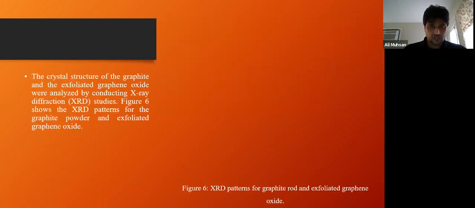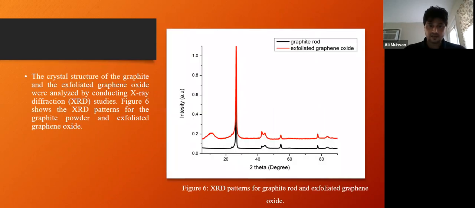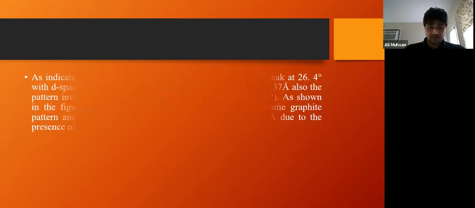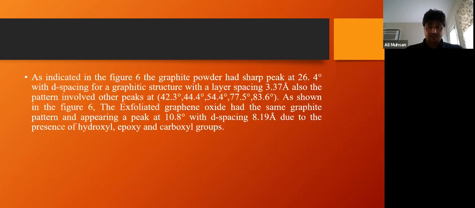The crystal structure of the graphite and the exfoliated graphene oxide were analyzed by conducting X-ray diffraction. Figure 6 shows the XRD patterns for the graphite powder and exfoliated graphene oxide. As indicated in figure 6, the graphite powder had a sharp peak at 26.4 degrees with a d-spacing of 3.37 angstrom.